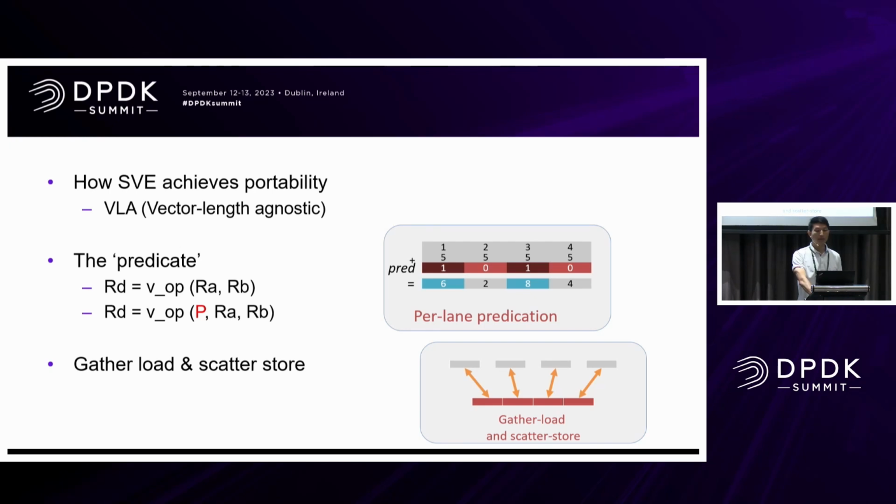Typically the vector is loaded from consecutive data in memory, right? But with gather load, data from discrete addresses can be loaded at the same time. So it will be very useful for some cases, such as the table lookup example I will show later.